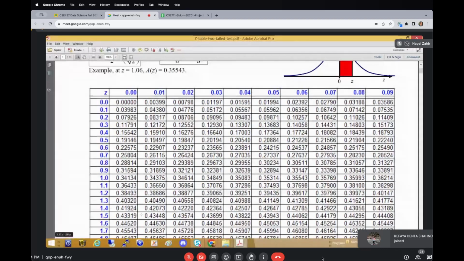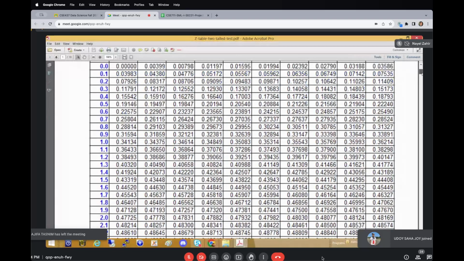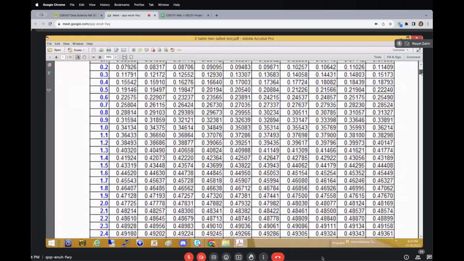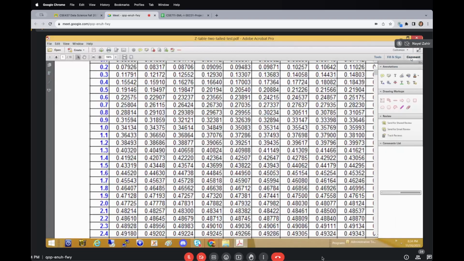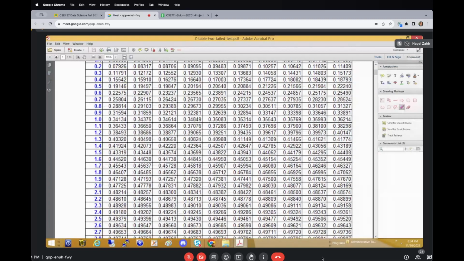Yes, this is our case, that is 0.475. Okay, sorry. So we need to find the value 0.475 here to find the critical point.